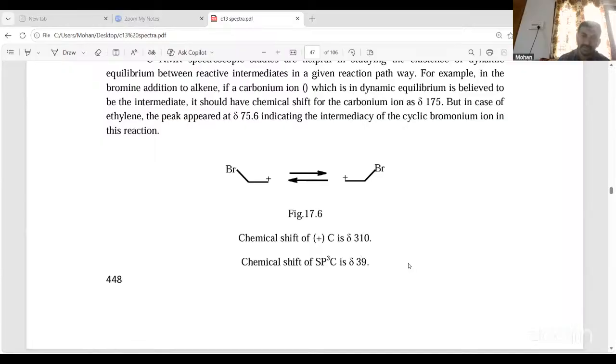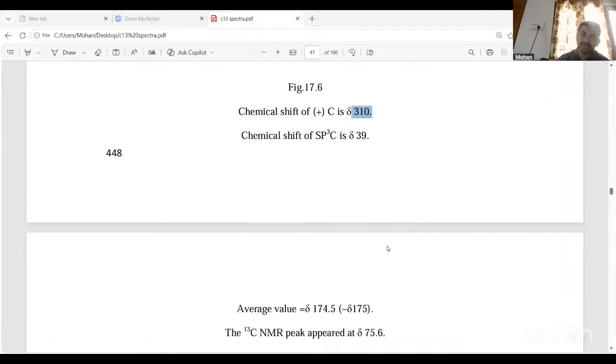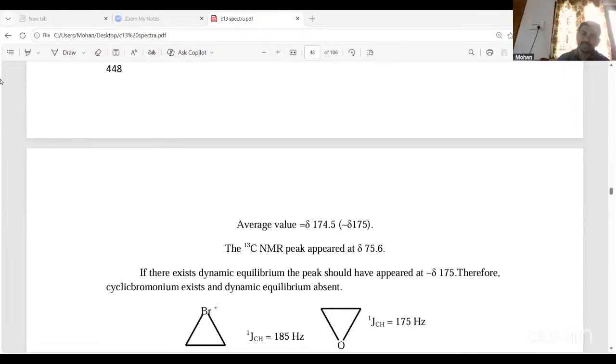In general, we are supposed to get these two values. But when we record the C13 spectrum of this one, in addition to the 310 and 39 peaks, we observe one more peak at 75.6.